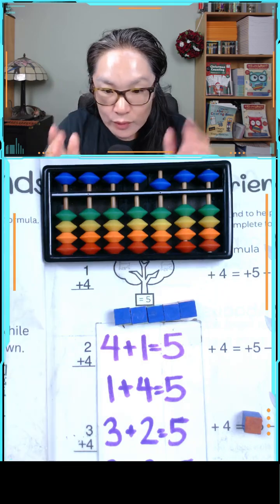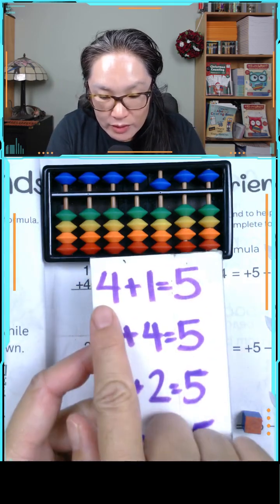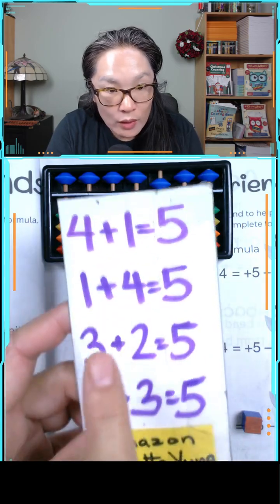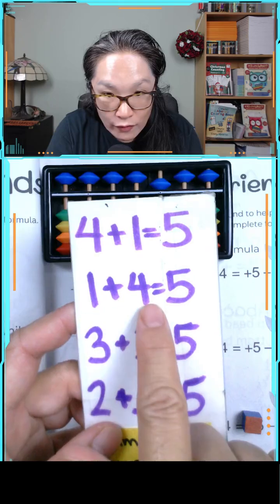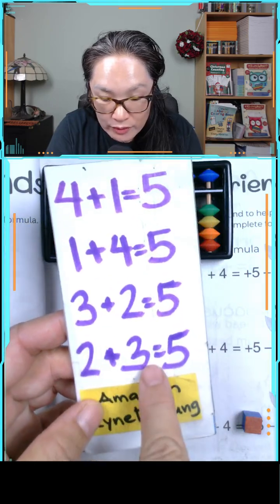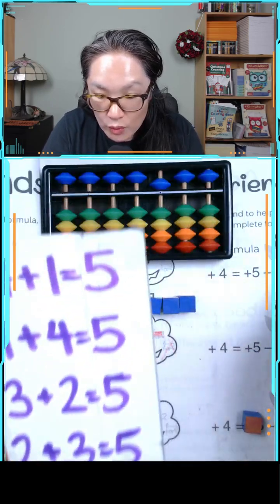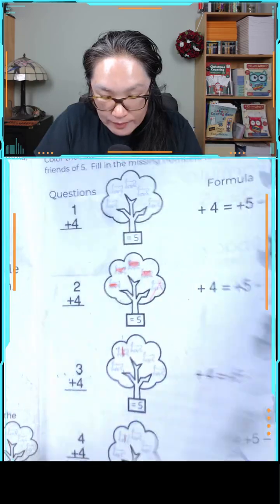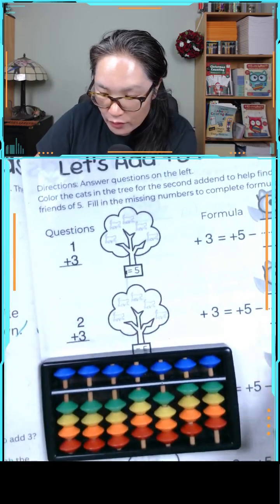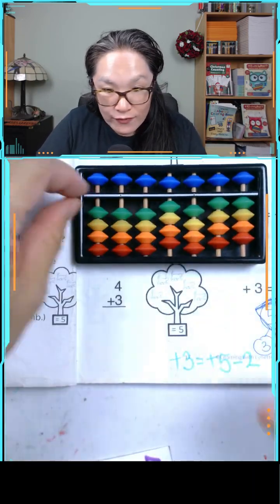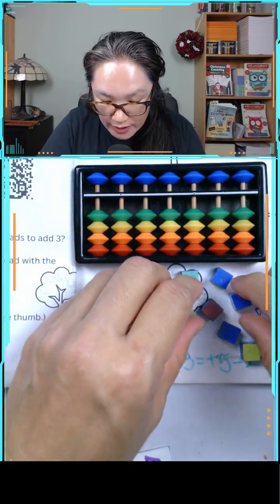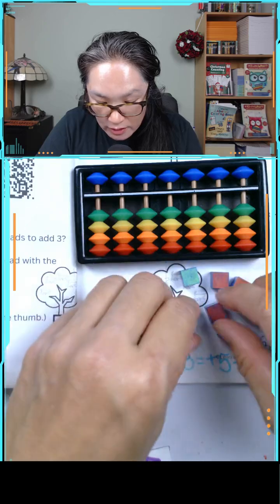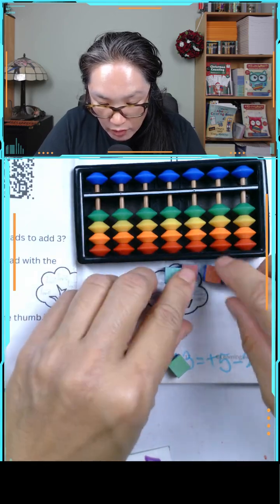So when we're looking, we need to remember our pairs. 4 and 1 is a pair, 1 and 4 is a pair, 3 and 2, and 2 and 3. These are all pairs. So when we're looking at the next one, we're doing 4 plus 3. There's my 4. I want to add the 3.